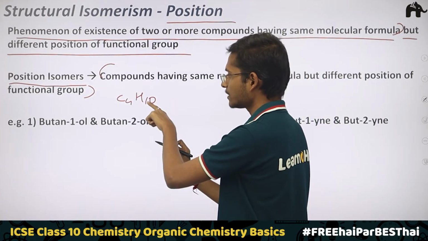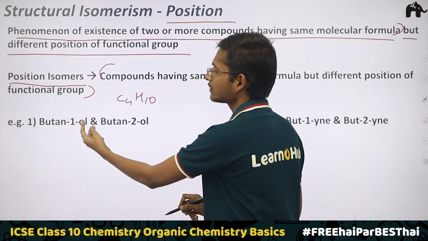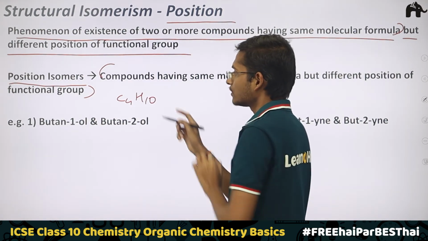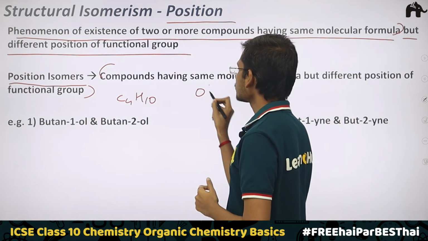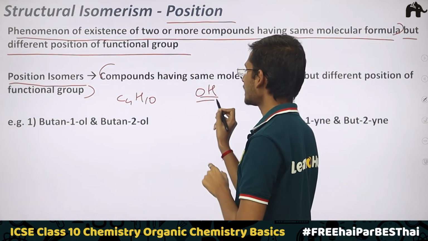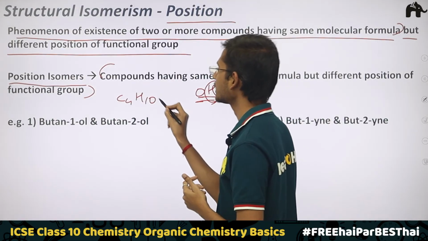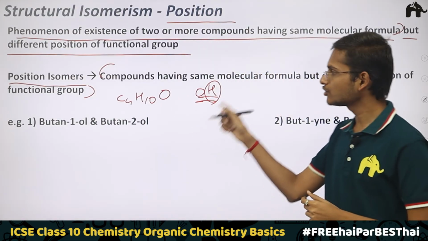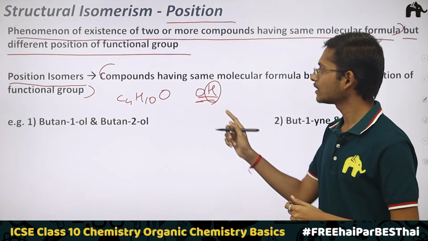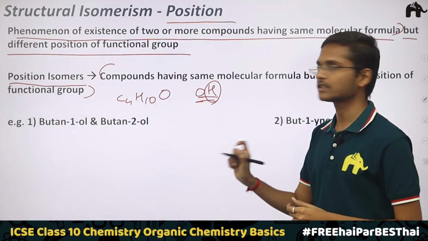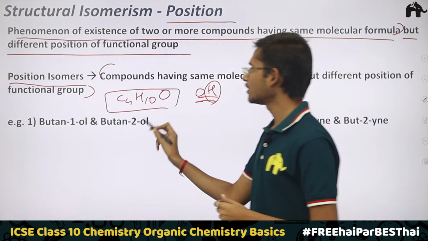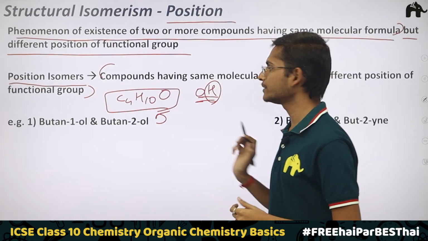In this, in place of one hydrogen, an OH group is present, and that OH group also has a hydrogen. So the hydrogen count won't change, just one oxygen is added. One hydrogen is removed, but one hydrogen is also present in OH, so that neutralizes it. So this is C4H10O, the molecular formula of both butan-1-ol and butan-2-ol.